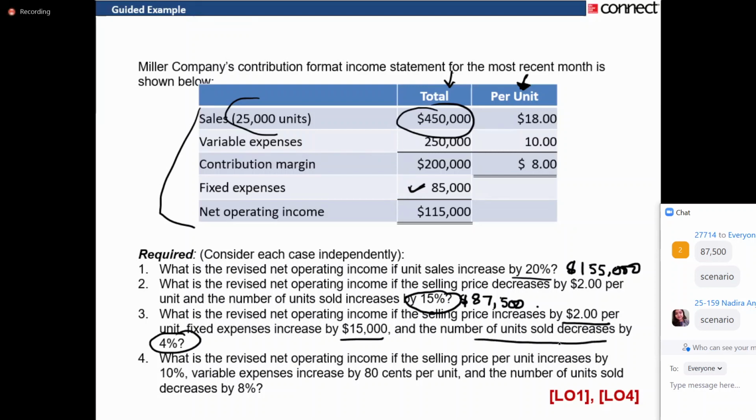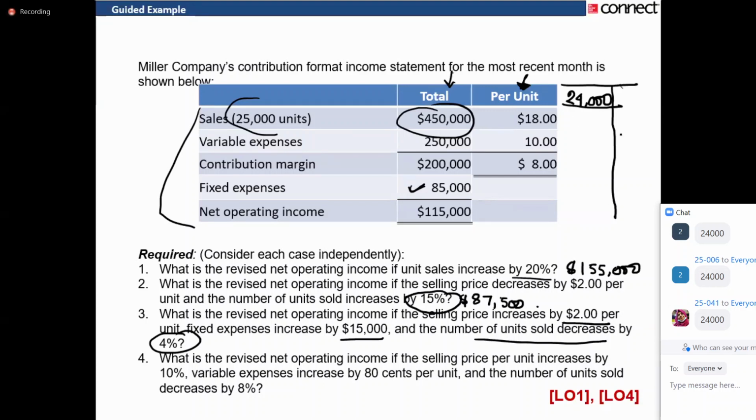So now we are experiencing the decrease of sales unit by 4%. So if we have 4% less units of sales, what will be the sales unit now from the base number 25,000? Out of the 25,000 units, if we have a reduction of 4%, we will have sales of 24,000 units.